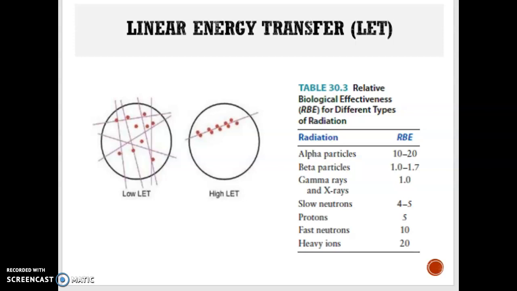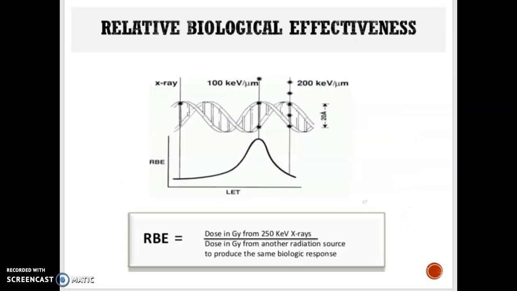And this represents the strength of those particles and their capability of causing damage. As you can see, X-rays, gamma rays, and even beta particles all have a Q factor equal to 1. So although they are harmful, they are not as harmful as alpha particles with a quality factor of 10 to 20.